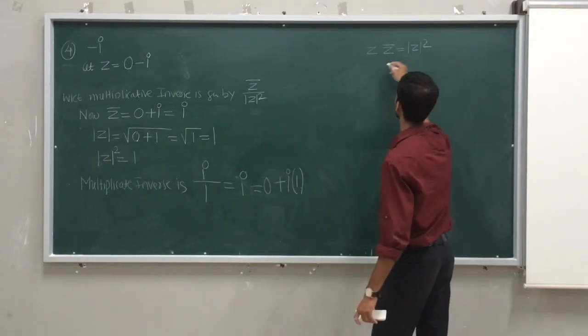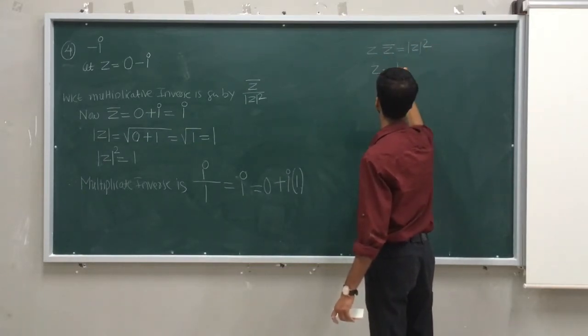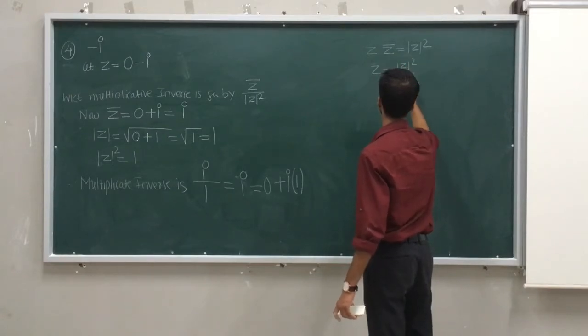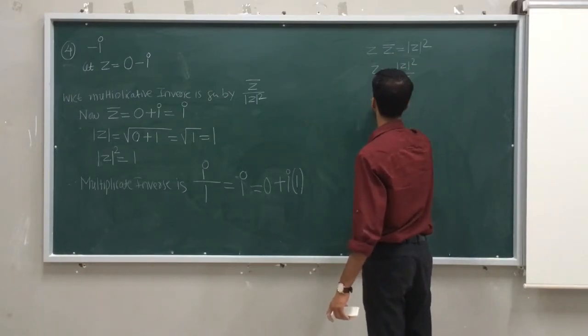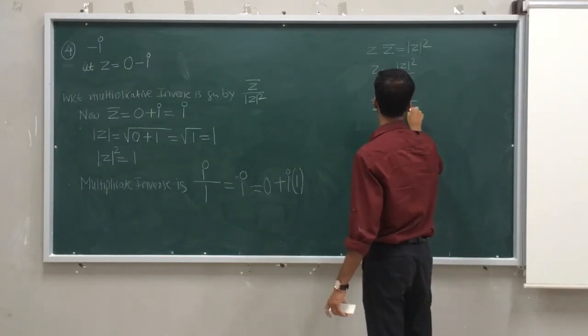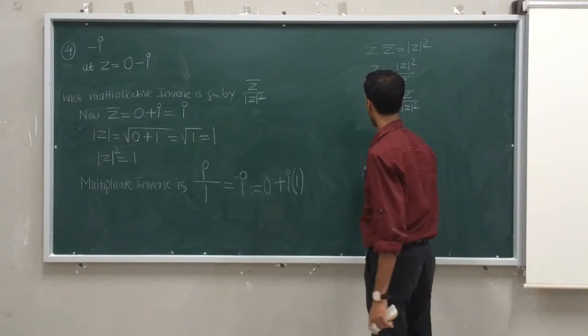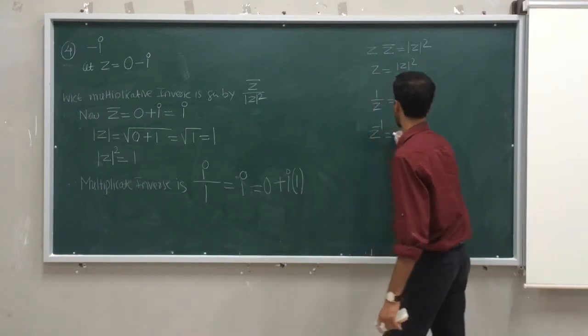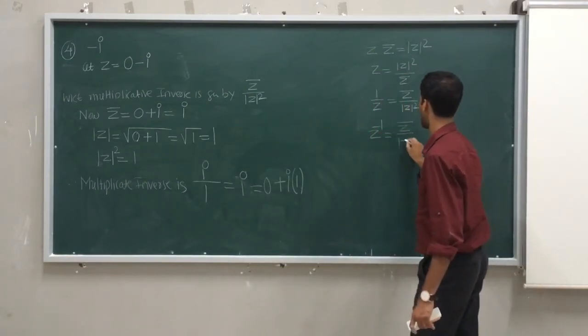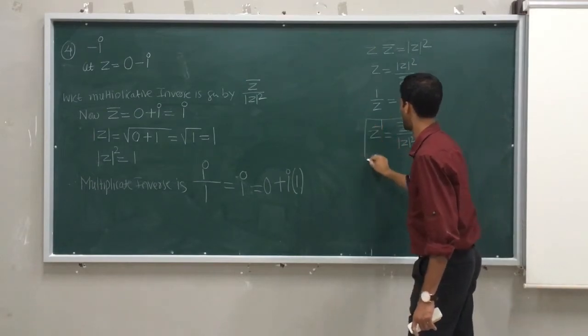So with this I got z equal to mod z square divided by z bar. And if we reverse it, I got 1 by z equal to z bar divided by mod z the whole square. Or you can write z inverse is equal to z bar divided by mod z the whole square.